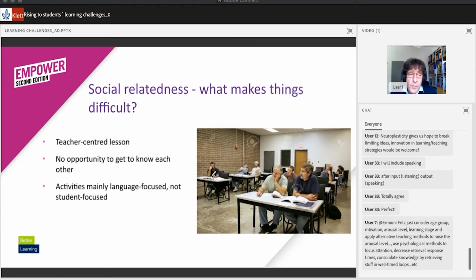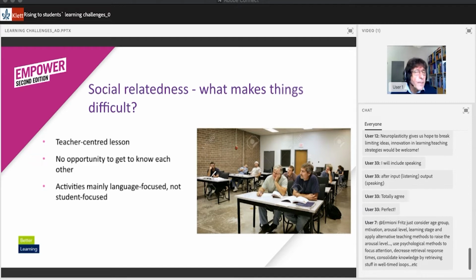An example of this that I have is before COVID struck, I decided it would be interesting to try to learn Hungarian. So I joined a Hungarian beginners class at the Volkshochschule. And we had a class, it wasn't like the one in the picture. The teacher was actually very, very supportive and very friendly. But it was a completely teacher-centered lesson. Everything went through the teacher.